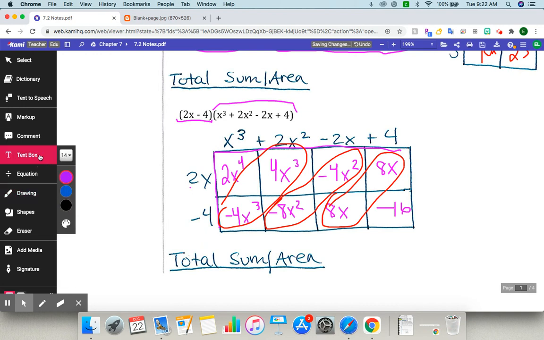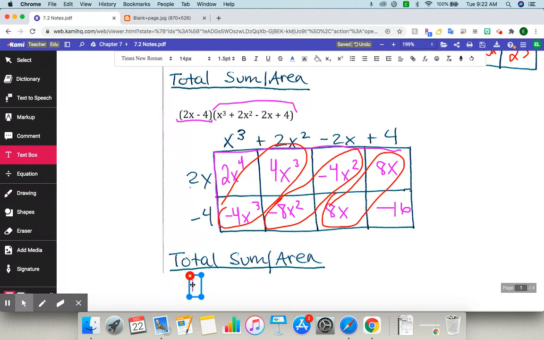So adding those all up, my total product or area is 2x to the 4th power. The x cubes actually add to 0, and then minus 12x to the 2nd power plus 16x minus 16.